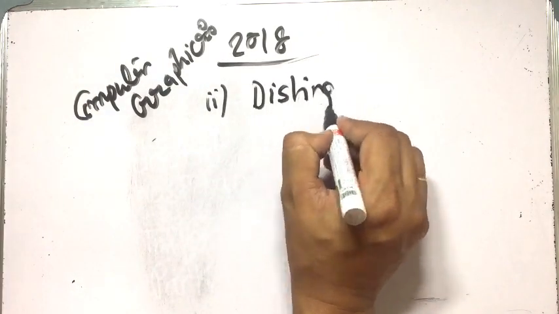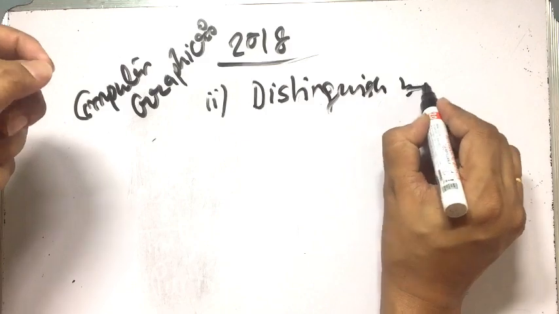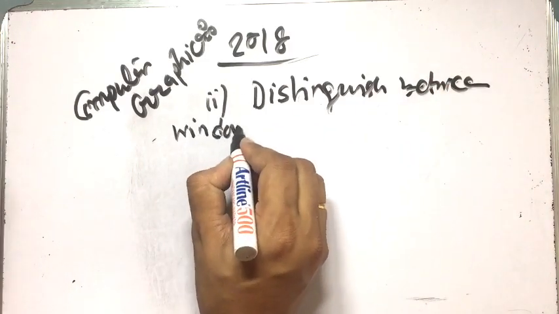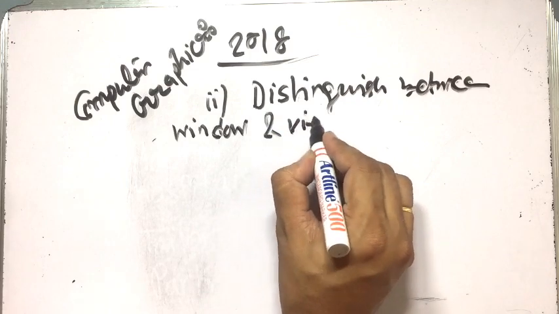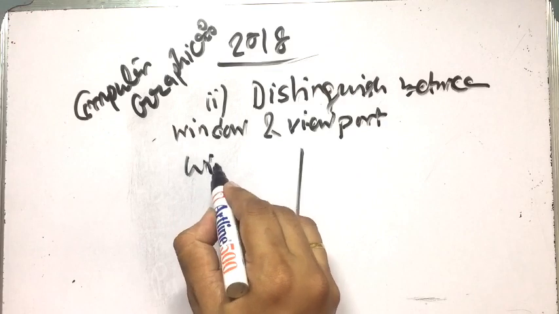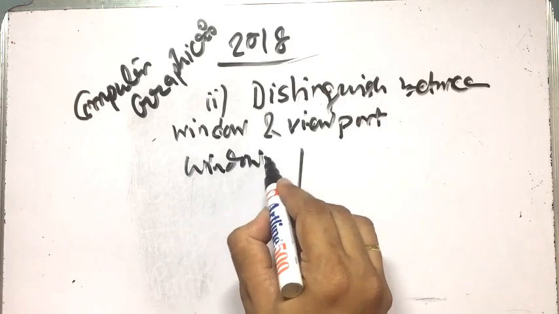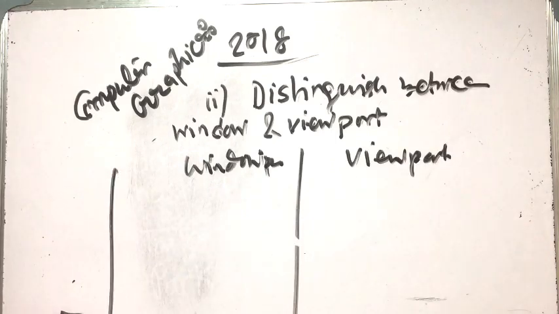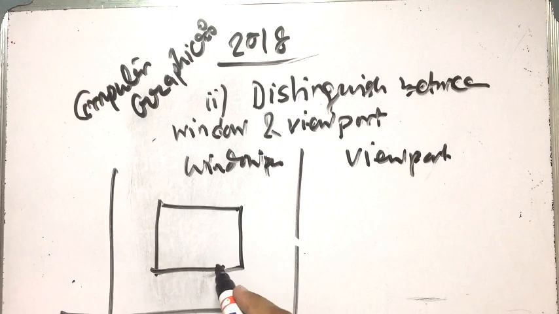Distinguish between window and viewport, that is, window port and viewport. First one is the window port, and the second one is the viewport. The window is a rectangular area for what is to be displayed.